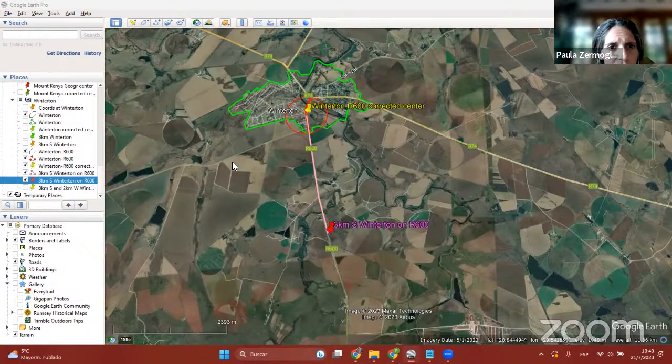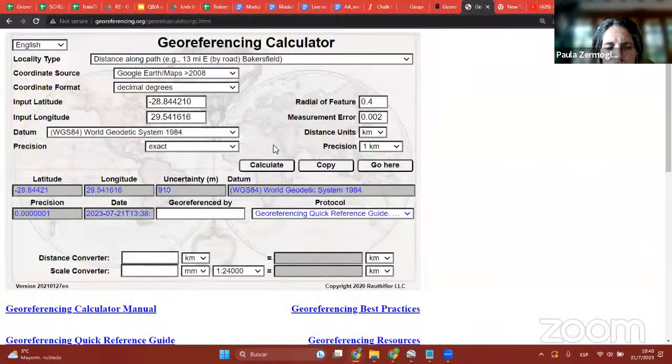So which other factors do we have here that can be contributing to this uncertainty? Well, the measurement error, we saw that if I measure those 3 kilometers on the map wrong, that's going to contribute, but in this case that contribution is rather small. So which is the other factor?